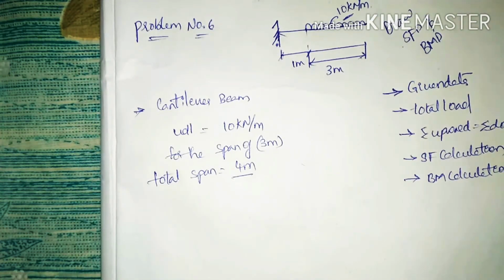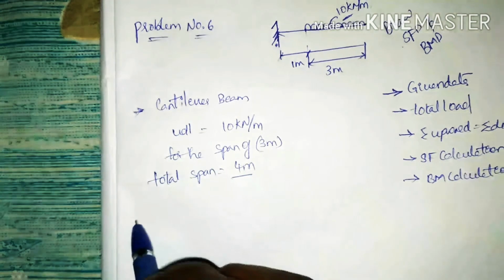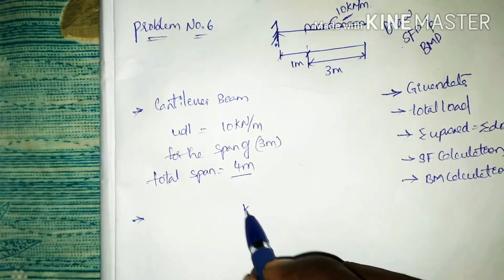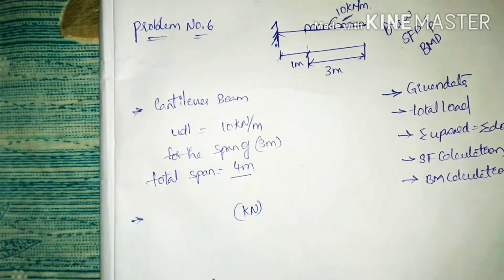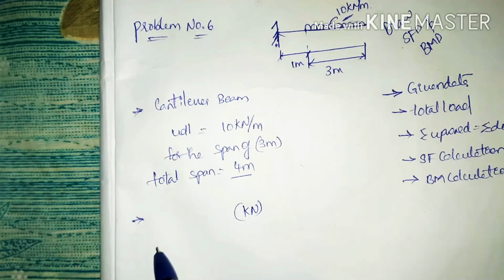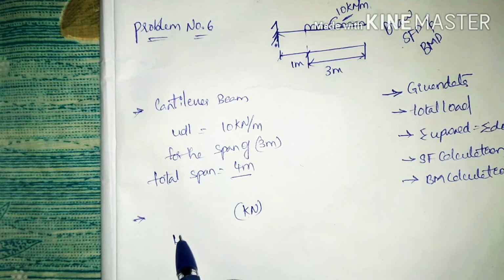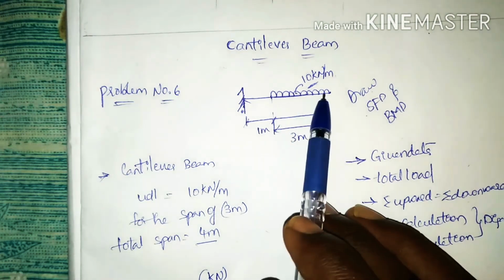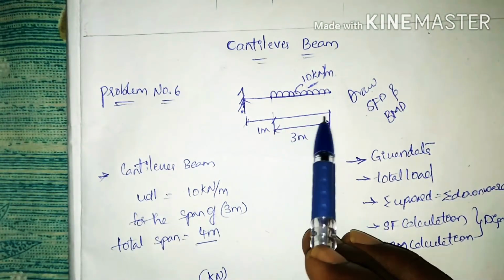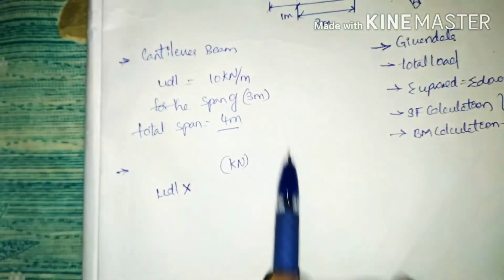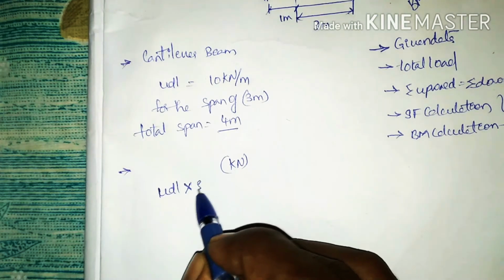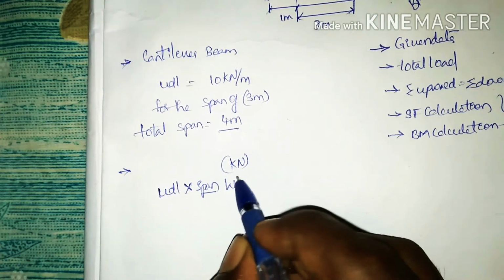Next, what is the total load? Step number 2, that is total load. The load should be in kilonewtons, so we are going to multiply the UDL load with the span which is carrying the UDL.